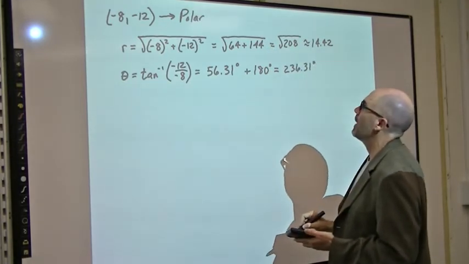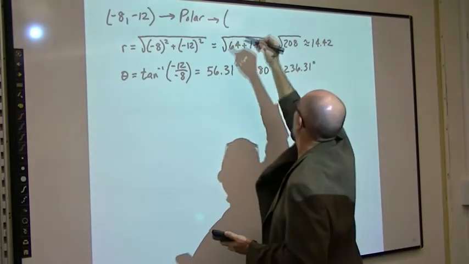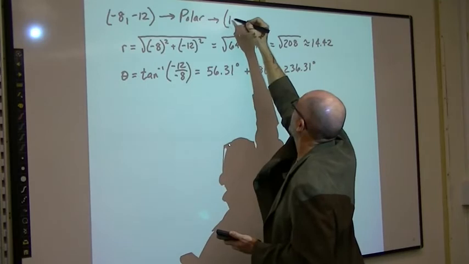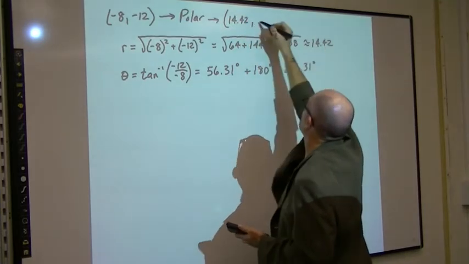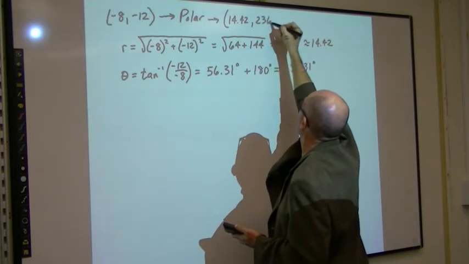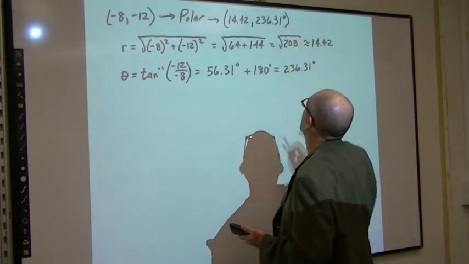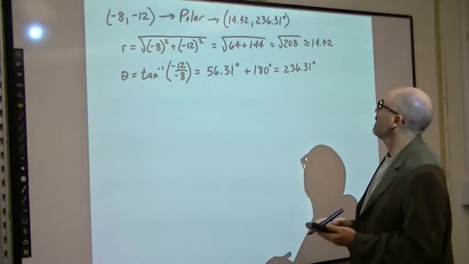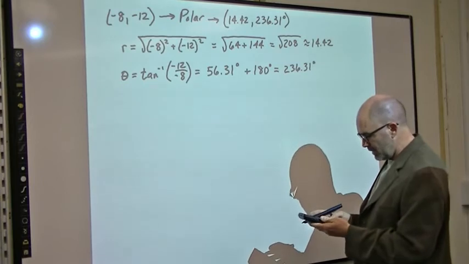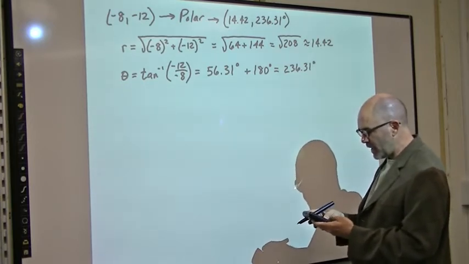And so my polar coordinates are going to be 14.42 at 236.31 degrees. Or, if I want this in radians, then I can do the exact same thing. Just make sure your calculator's in radian mode.